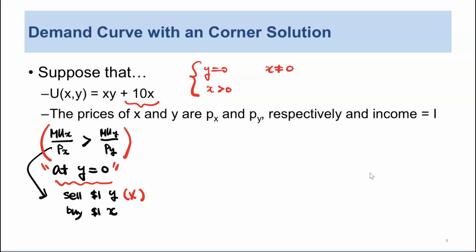So the first thing we're going to do is characterize the condition under which this corner solution arises. So rearranging this equation by using the utility function that we have. Marginal utility of x is going to be y plus 10 divided by px. Marginal utility of y is going to be x, and then price of y.